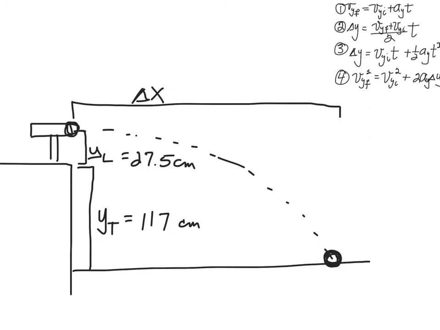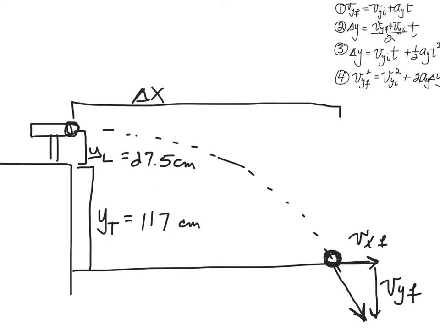And the next thing I want to do is to show the vector that's the final velocity. So when it hits the ground, it's going to have a Vx final and a Vy final. And it's good to think about the problem as much as you can before you start.